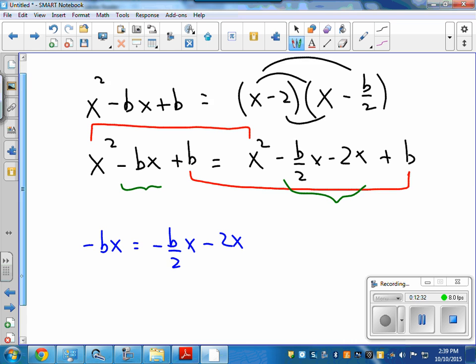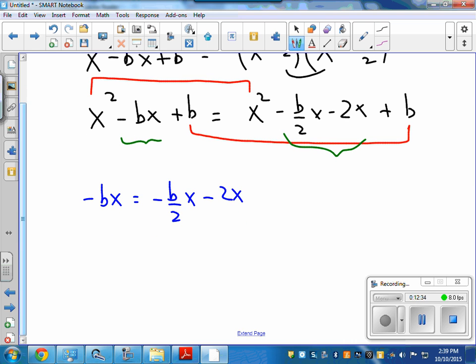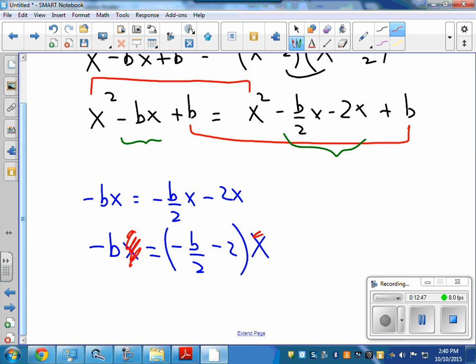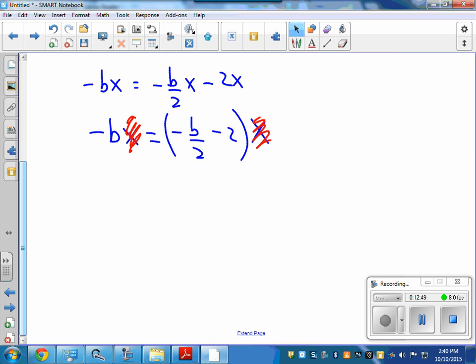And the key here is just to go ahead and factor the x out of the right side and cancel the x's. So negative b over 2 minus 2 times x. There we go. So now the x's divide out. Those are gone, and we're left with this much simpler equation.